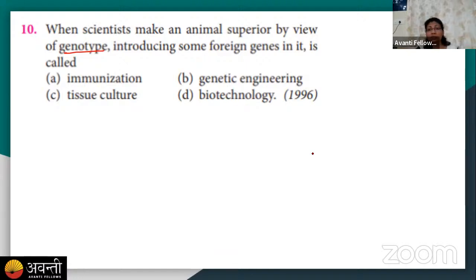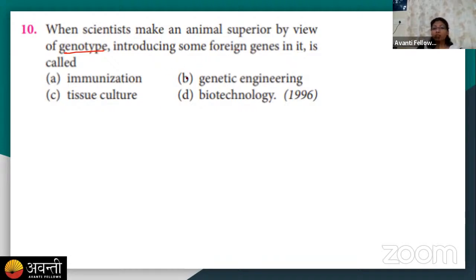So here I am ending the poll. Okay. So see, here we are just talking about the incorporation of a gene, right? We are not talking about transfer of a gene, or cloning of a gene in a sterile condition, or the production of a product from that gene of interest. We are just talking about the introduction of a foreign gene in the genome of our animal of interest, right?